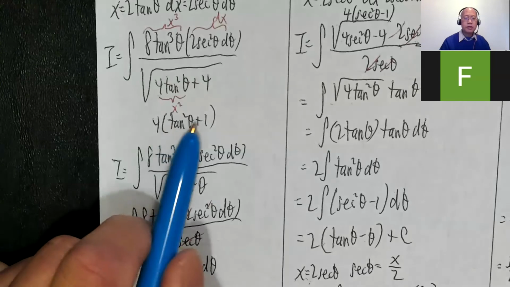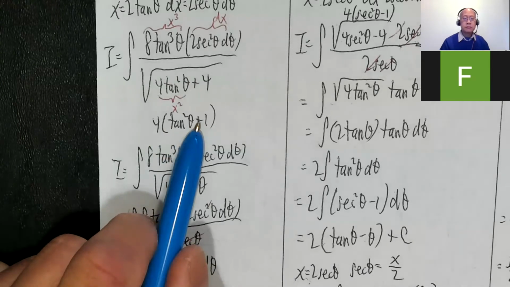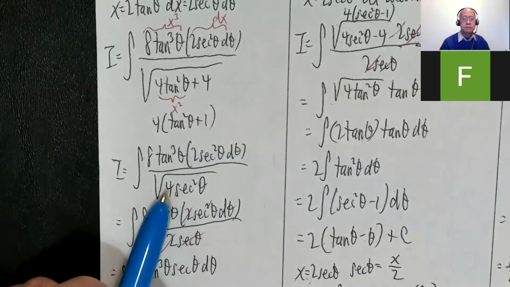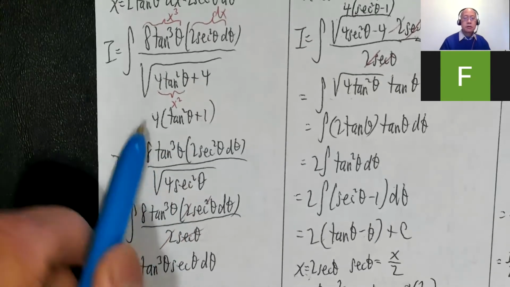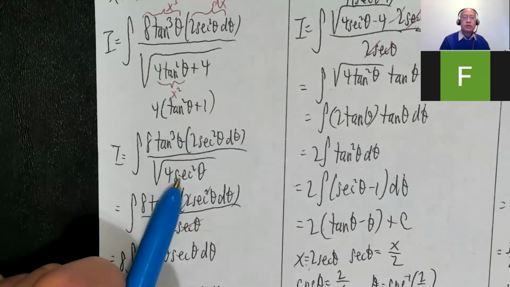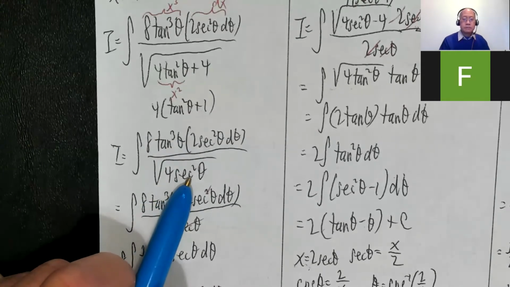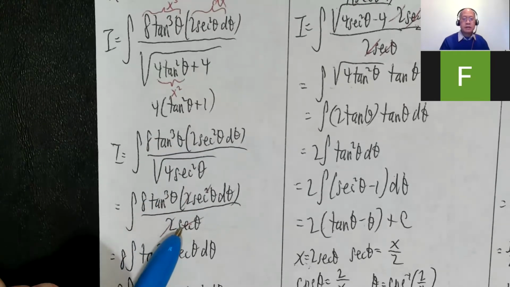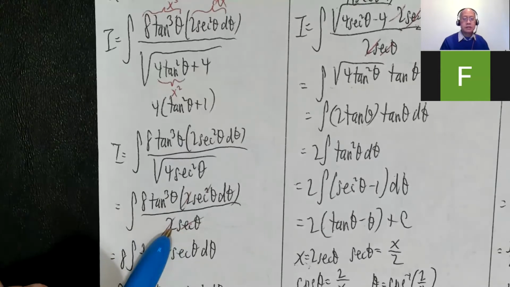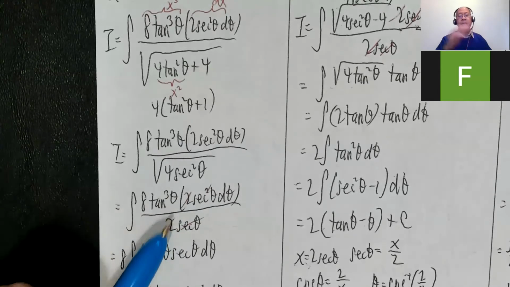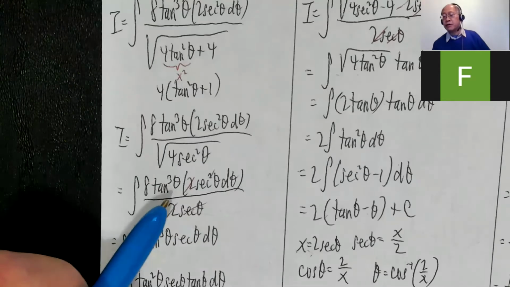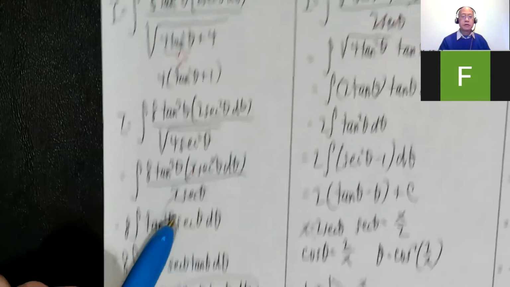And what is tangent squared theta plus 1? Secant squared. So I have the square root of 4 secant squared theta. That's just 2 secant theta. So that's nice. So by making this manipulation, I'm able to get rid of the square roots.